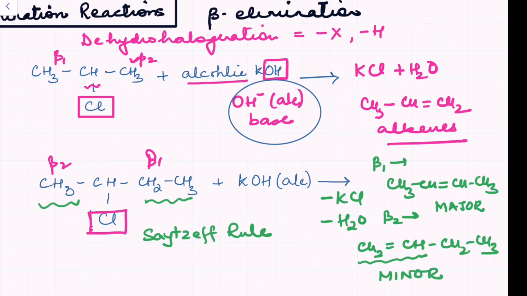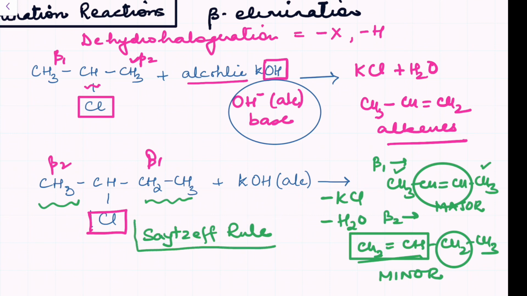Because in this, guys please understand, around the double bond there are only 2 hydrogens, so 2 hyperconjugative structures, whereas here around the double bond there are 3 and 3, 6 hydrogens, more hyperconjugative structures, more resonance. So we follow the Saytzeff rule whenever we have to do beta elimination of a halide where the environment around the carbon to which halogen is attached is different.